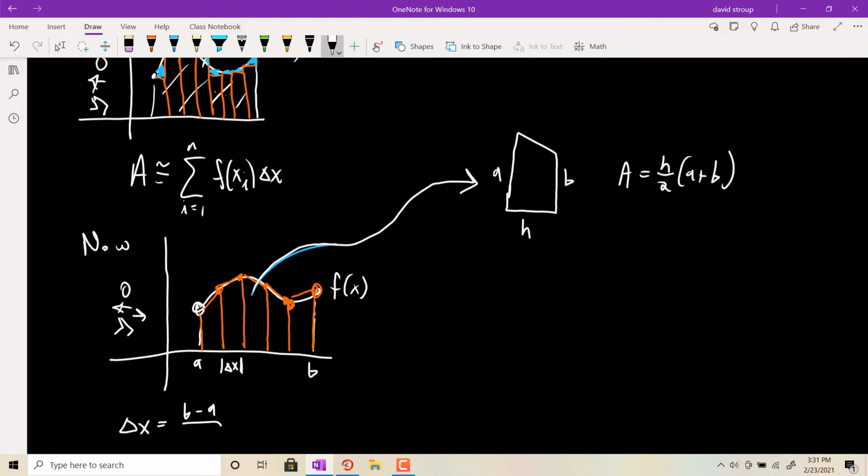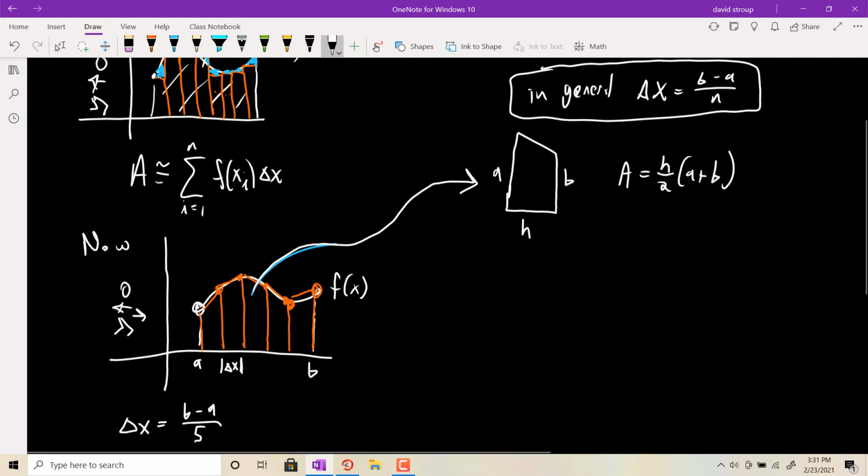In this case, we have 1, 2, 3, 4, 5 trapezoids, so you put 5 down there. But in general, let me write this over here to the side, change in x is b minus a over n, depending on the number of trapezoids you want to use. Of course, you use more trapezoids, you get a better approximation.